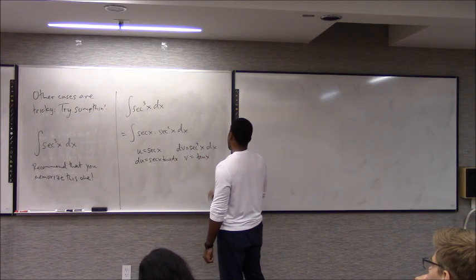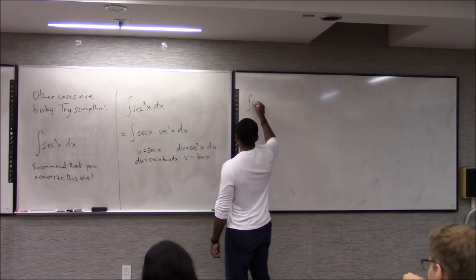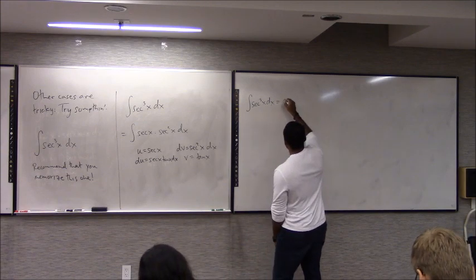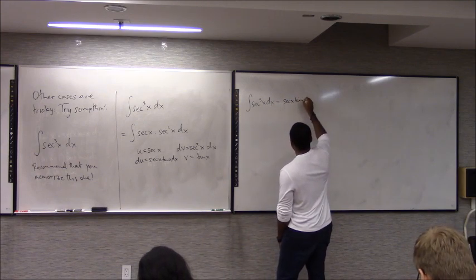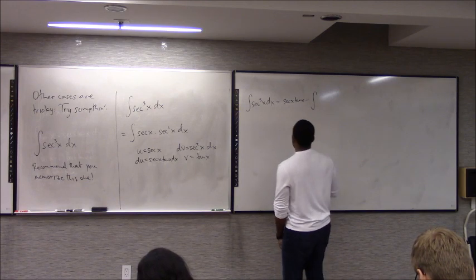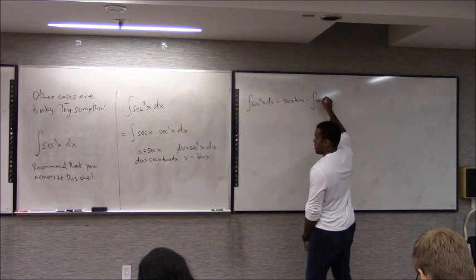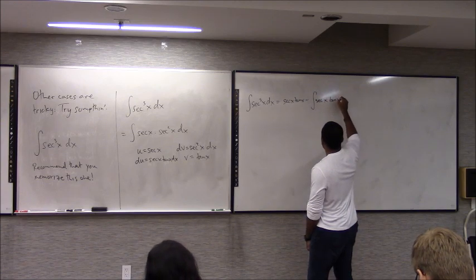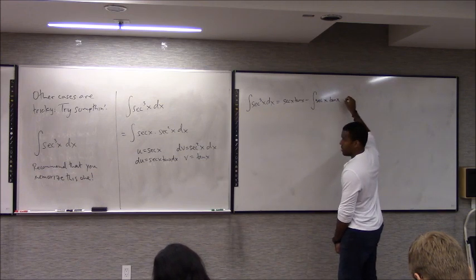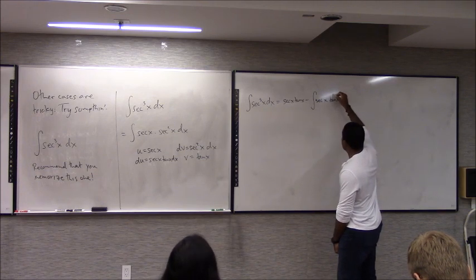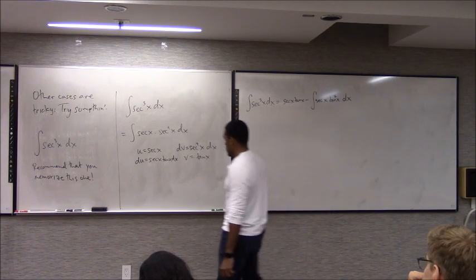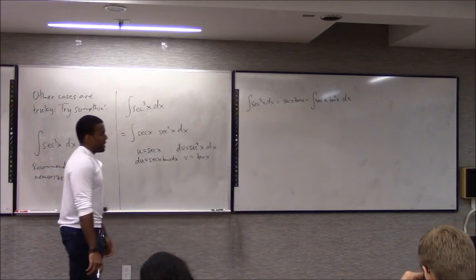So now the integral of secant cubed dx, if I do u times v minus the integral of the v du, we end up with that. Now, that was the guy we saw last time.